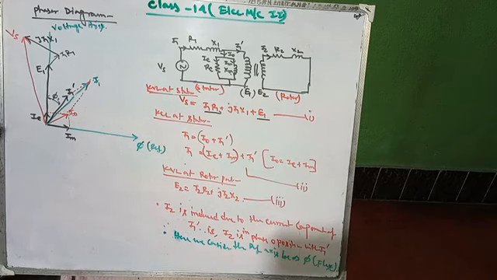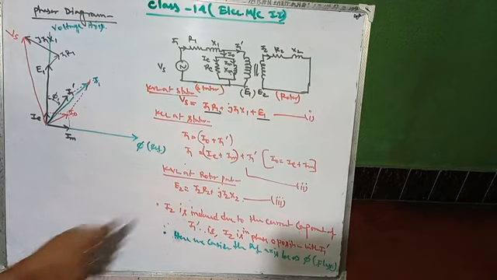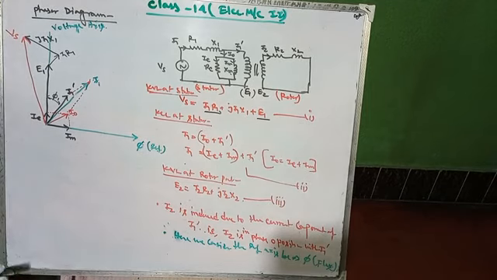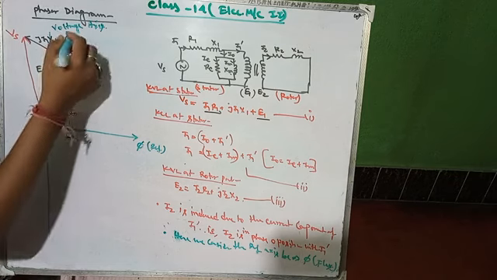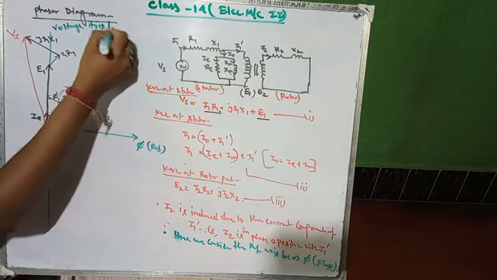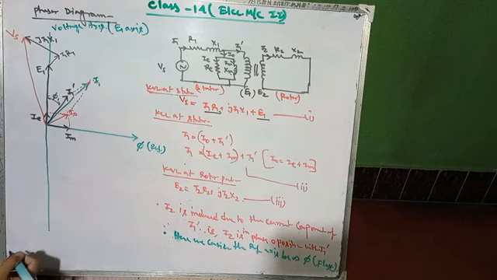Now I again move into the third equation, which is nothing but E2 equals I2 R2 plus j I2 X2. Now again you have to consider another voltage axis which is exactly opposite to the E1 axis, because we know every action has an equal and opposite reaction.